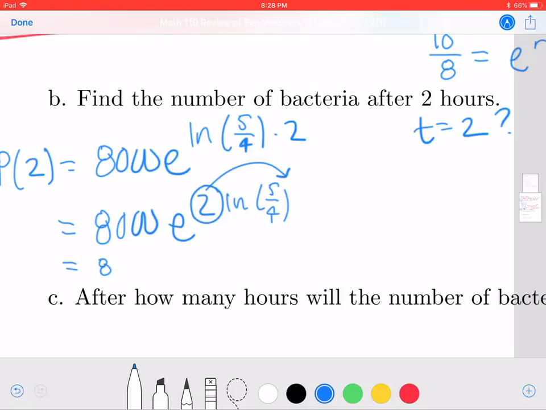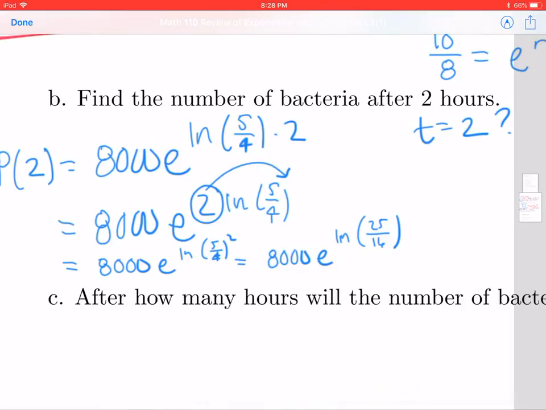I'm going to do that here. So it becomes e to the power of natural log of 5/4 squared. I square the numerator and I square the denominator, so natural log of 25/16.